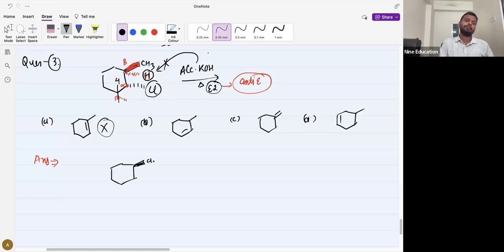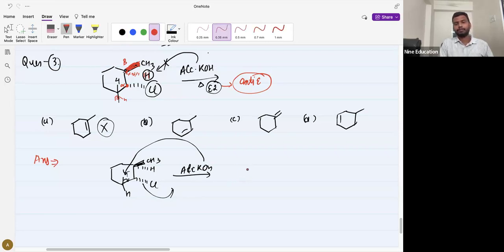Because CH3 was above, the hydrogen will go down. Now here I have two hydrogens, one above and one below. I have to take this hydrogen because I have to do anti-elimination. Now I can remove this hydrogen and the Cl. This only I have to do.